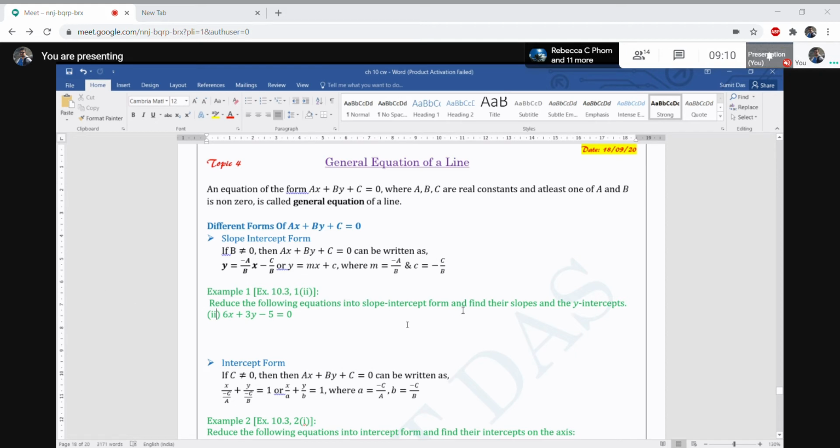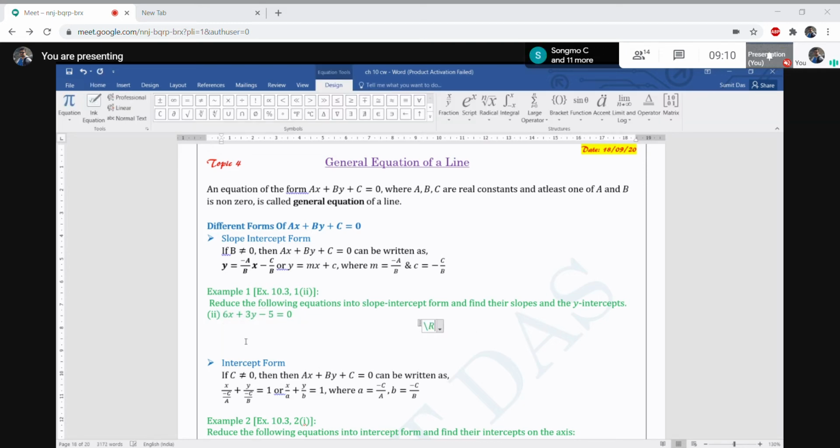So first we try to convert this into slope intercept form. What I told, our first work will be taking all the things to the right side except y. So it will be 3y = -6x + 5.